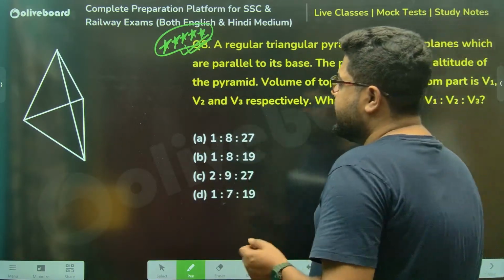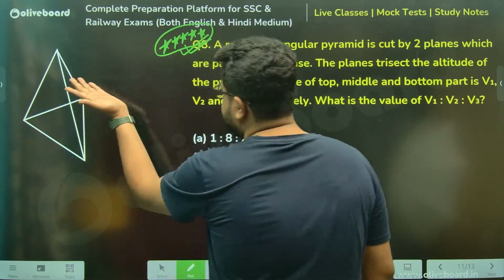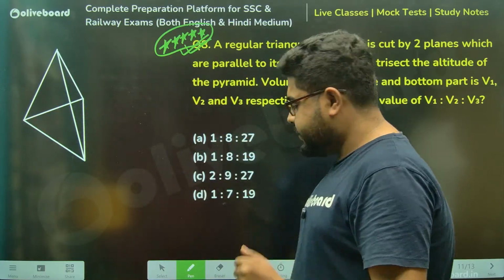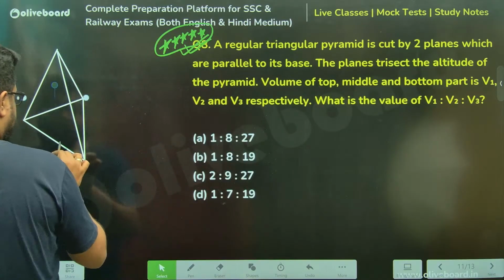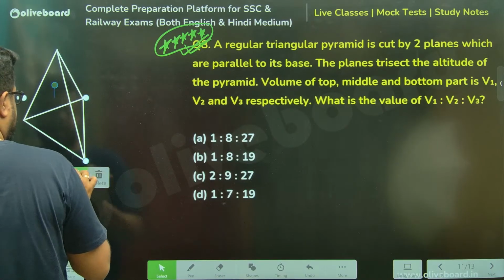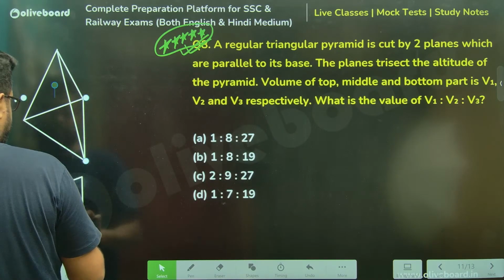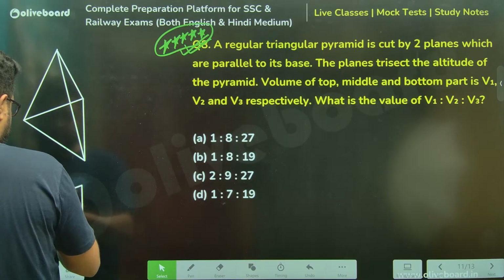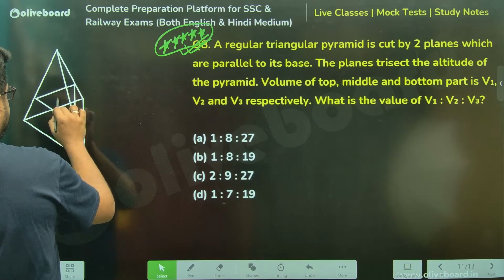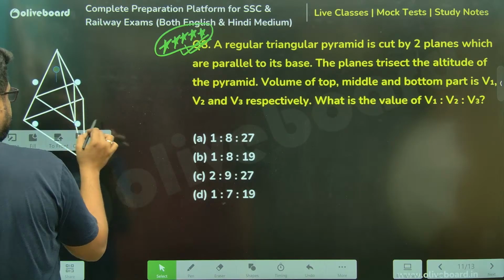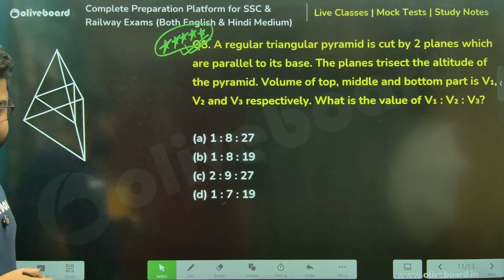Now what they have done, they have taken two parallel planes. They have taken a parallel plane like this. This is one parallel plane.